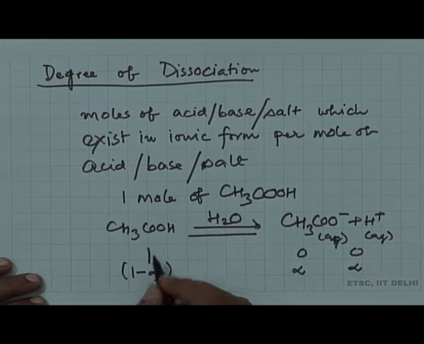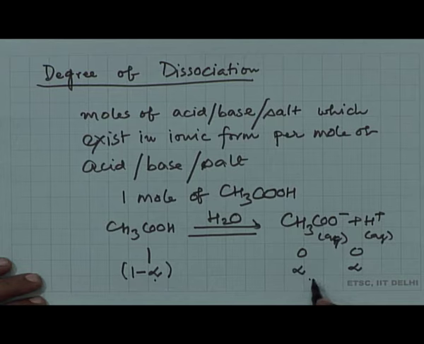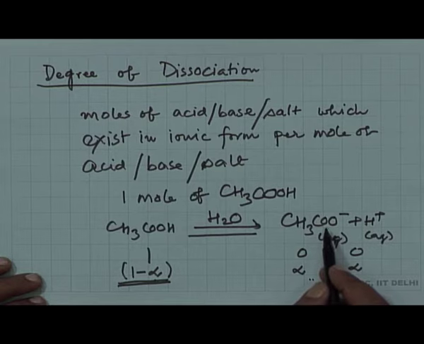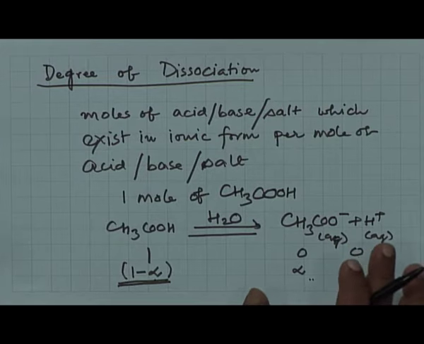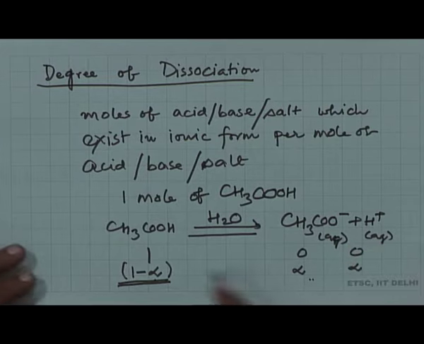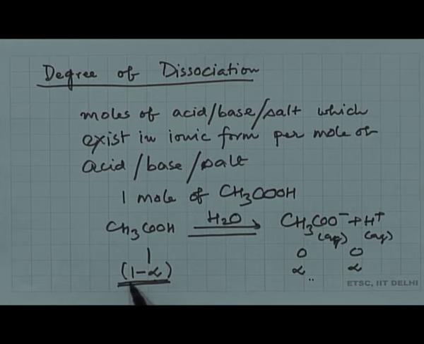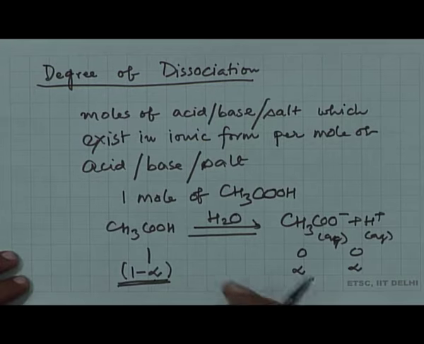So, alpha mole of acetic acid has gone to ionic form, and what is left is 1 minus alpha, and the ions generated are alpha mole of acetate ion and alpha mole of H plus ion. So, this is the degree of dissociation. Here alpha is the degree of dissociation, since alpha mole out of a total of 1 mole of acetic acid has gone into solution.